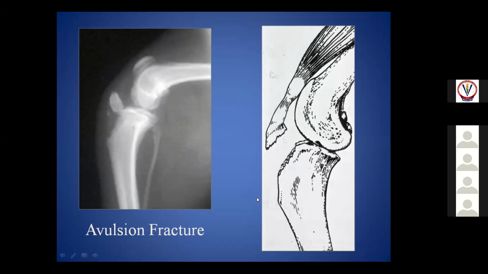So here, schematically, let me show you this figure. This is the distal femur, this is the proximal tibia, this is the patella, and this is the quadriceps group of muscle that will travel over the patella. This is the patellar ligament, and this will attach over the anterior tibial tuberosity. Now, if the animal suddenly contracts this quadriceps muscle, this patellar ligament will pull the anterior tibial tuberosity in such a way that it gets separated from the parent bone and results in an avulsion fracture.